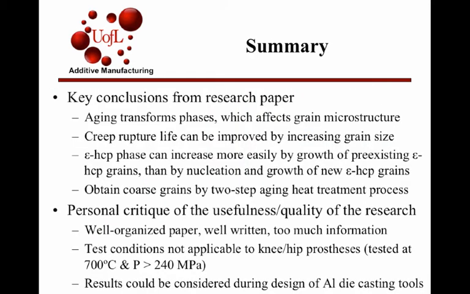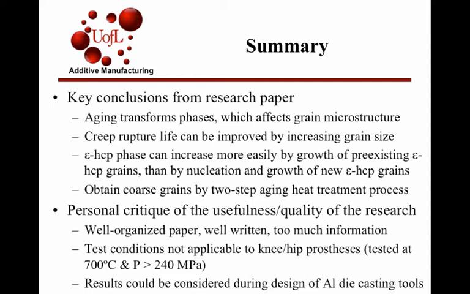The key conclusions in the paper were that through the aging process you can transform the phases, but it has a direct effect on grain microstructure, and the creep rupture life can be improved by increasing the grain size. So coarse grain is better than fine grain.